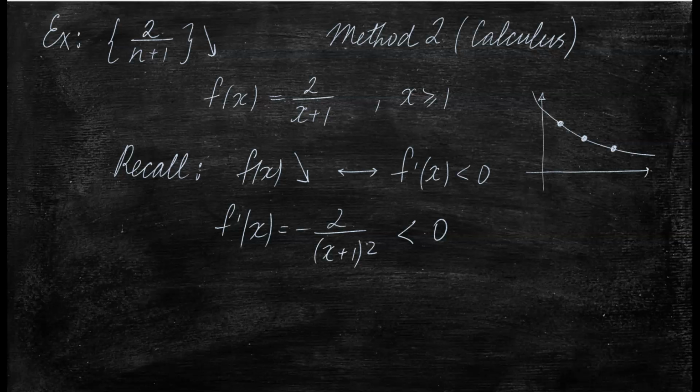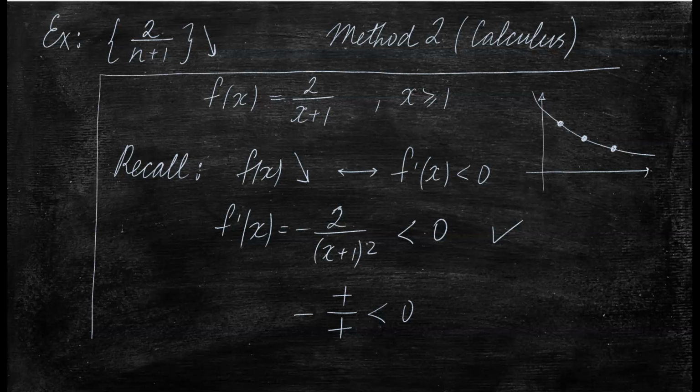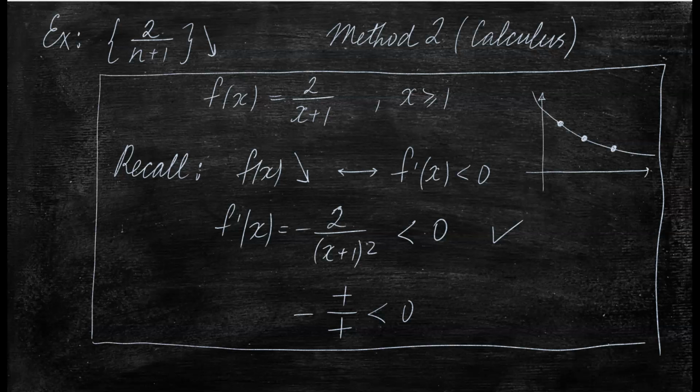And it is indeed less than 0 in this case, because x plus 1 squared is always greater than 0, and when you take a positive number, divide by a positive number, and throw the negative in the front, of course you're going to get something that is negative. Again, none of these particular lines is the proof, it's the whole argument that we consider the proof.